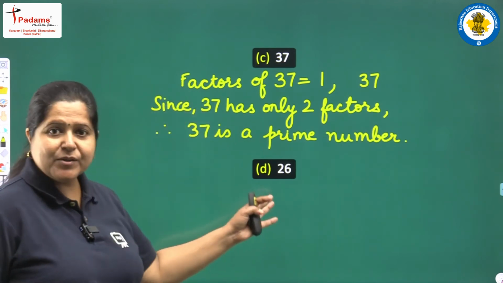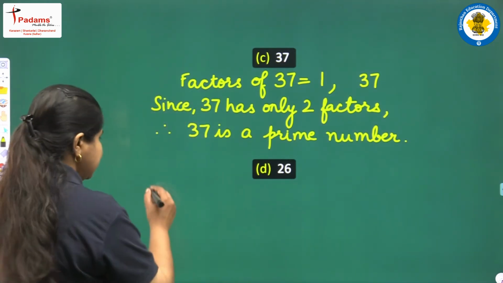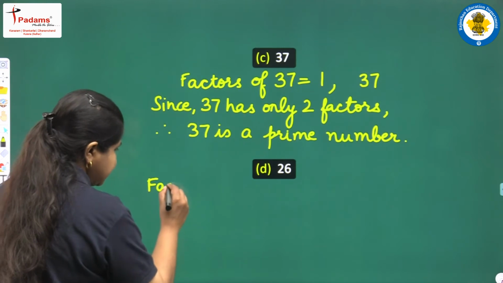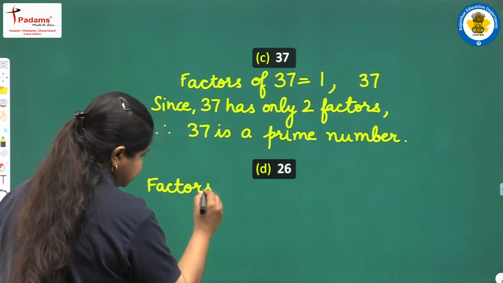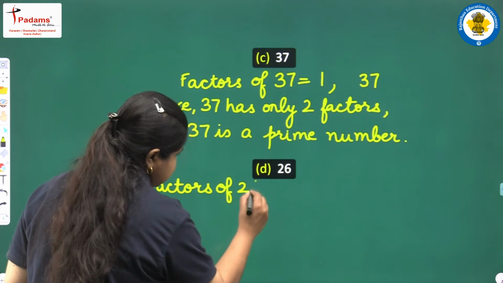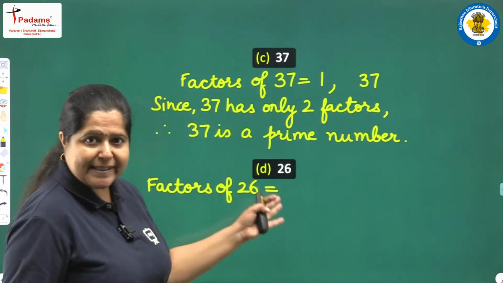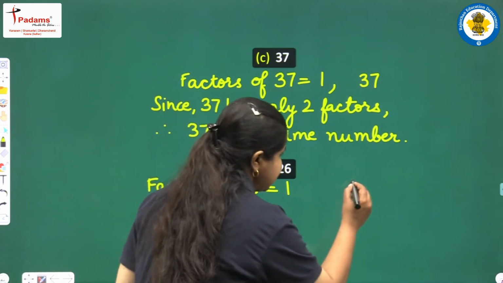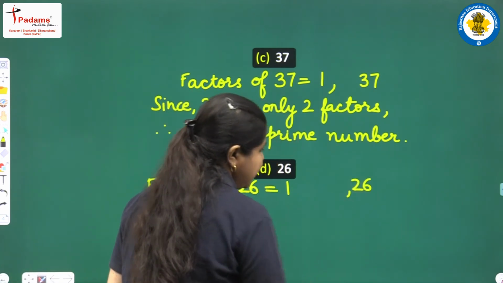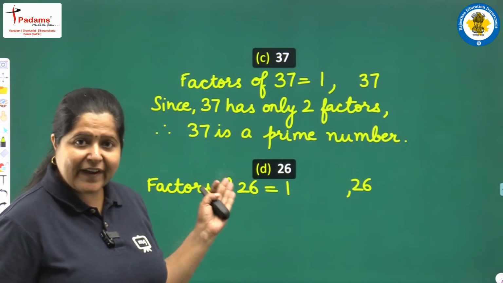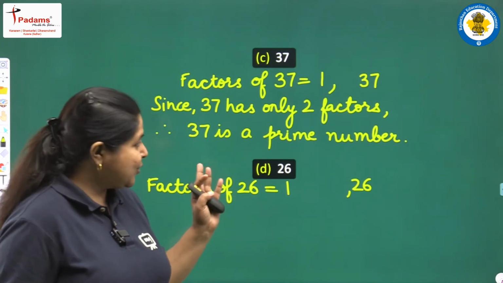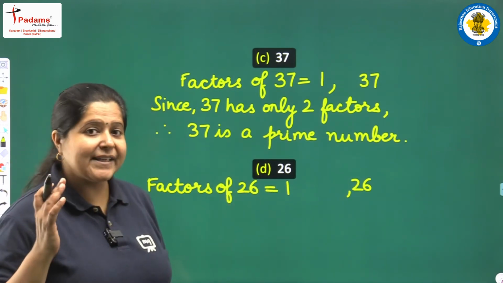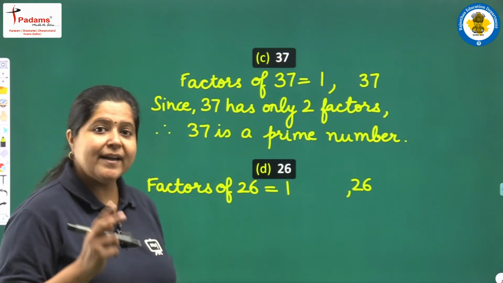Then we have this number 26. Again we will start by writing the factors of 26. Tell me, what are the factors of 26? 1 is a factor of every number and 26 will be a factor of itself. And are there other factors also of 26? You can see this is an even number, and so we can easily divide it by 2.